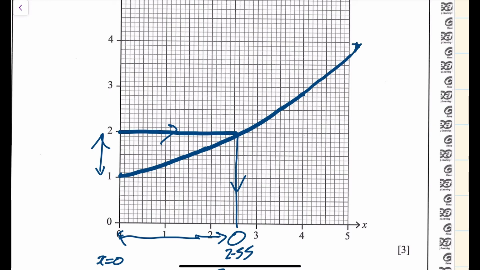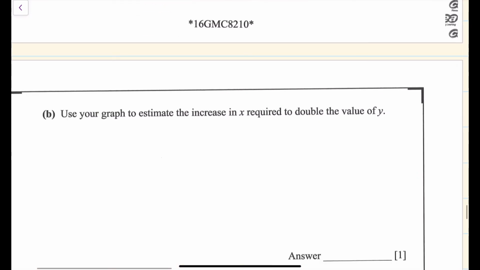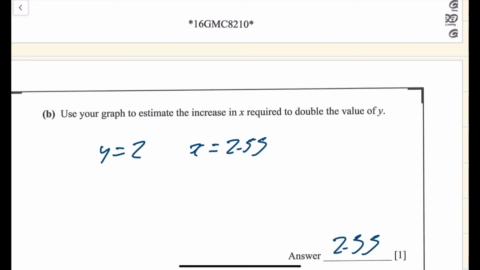It's going to be almost up at 4, so it's pretty accurate. Not brilliant, but as good as we can do. So we've tested y equals 2, and the x value was 2.55. And that's it. So just from your graph, that's the best way to do it. There's probably mathematically better ways of doing it, but that's what we want here.